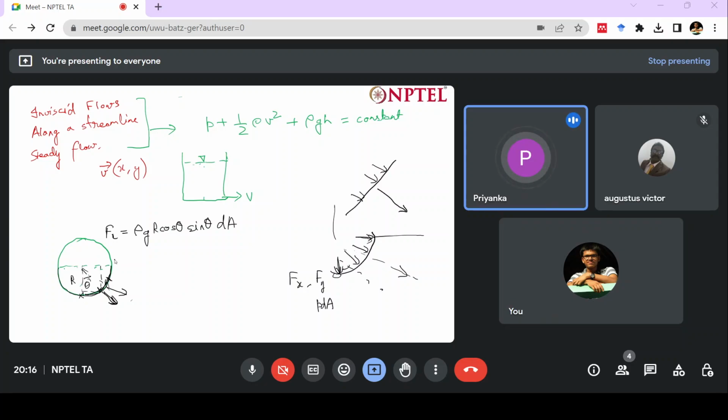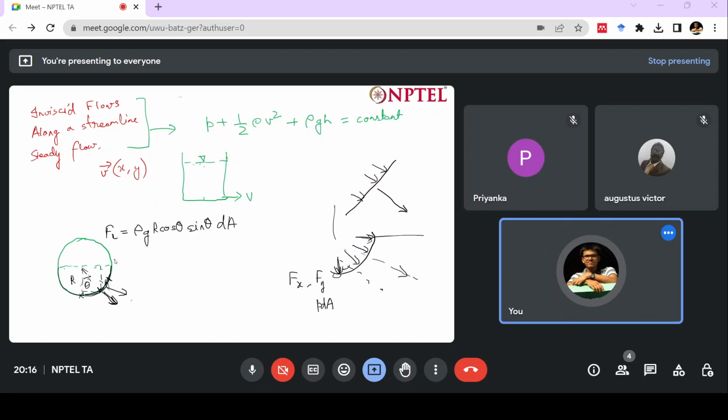What about Fy, sir, then? Yeah, Fy, then you will have to take the cos theta component. So you will get, if you integrate this over the area, mind you, if this is a sphere, this is not a very straightforward problem, especially for fx. So for fx I have simply taken sin theta.